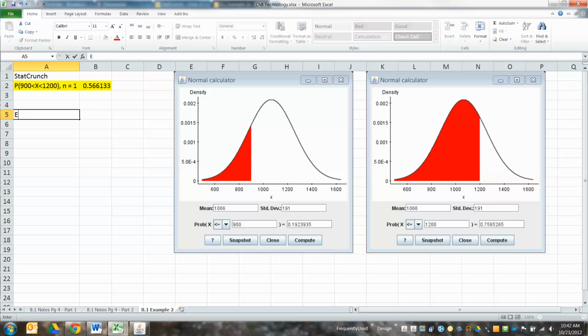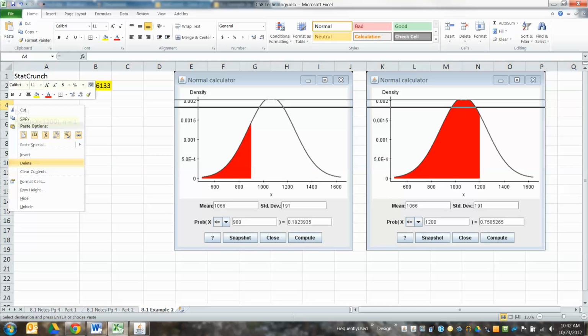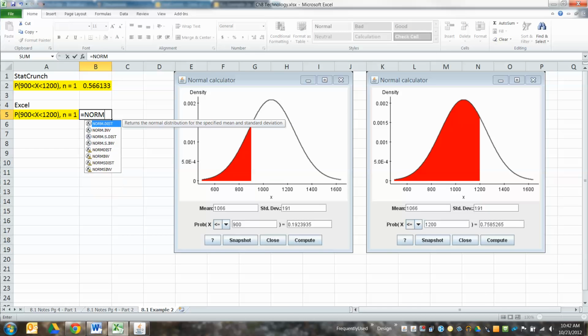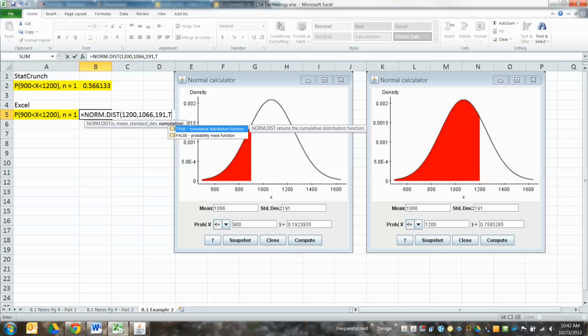Now let's go find it with Excel. Okay, so same deal. I'm probably going to put all this in one sheet here. All right, so for Excel, we just take equals NORM.DIST. I'm just going to do it all at once. I want 1200 first. You take the high one minus the low one. 1066 was my mean. 191 was my standard deviation.